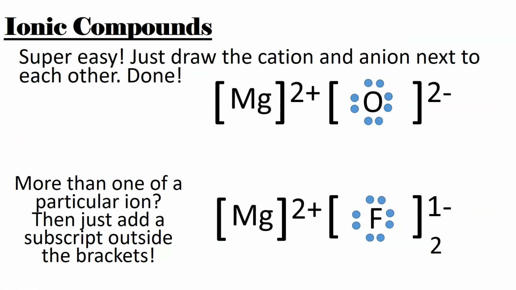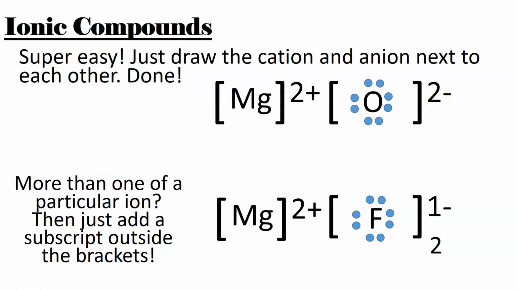If we want to draw an ionic compound, it's kind of nice. We just put the 2 things next to each other and we're all finished. So you can see here, I drew my cation for magnesium. I put the charge. I draw my anion for the oxide over here with the charge, and I just draw them next to each other. It's different than a formula because in a formula we wouldn't write the charges anymore, right?